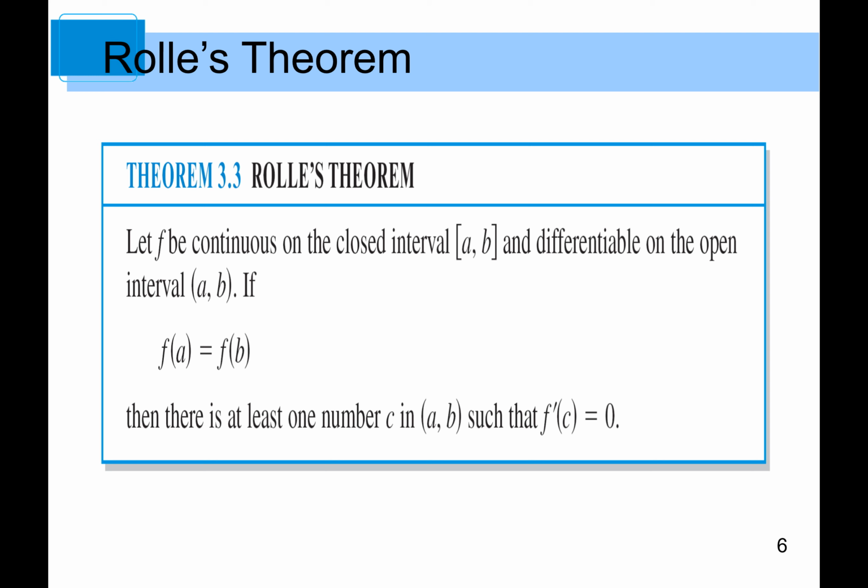Let's take a look at the theorem itself. If f is continuous on a closed interval [a, b] and differentiable on an open interval (a, b), and if f of a equals f of b, then there is at least one number c in (a, b) such that f prime of c equals 0, meaning we're looking at a horizontal tangent line.